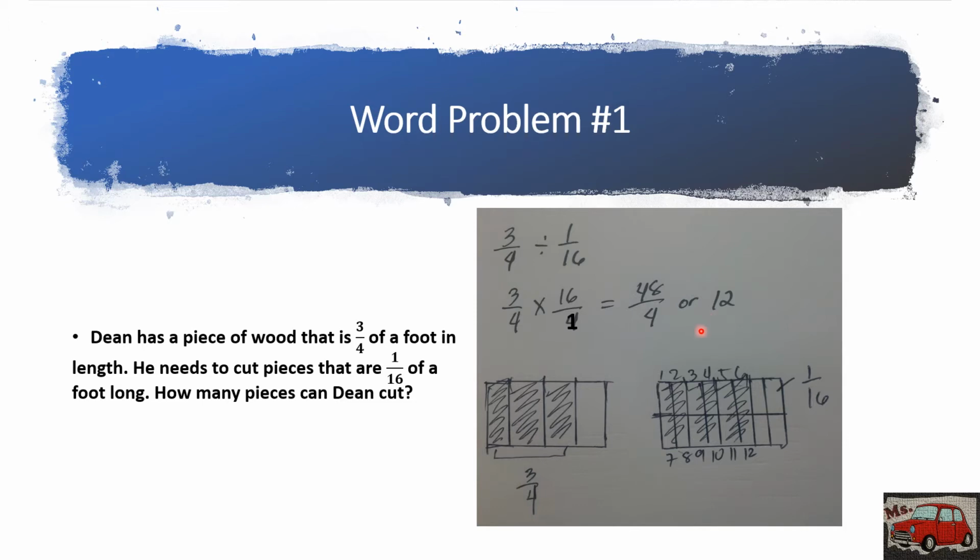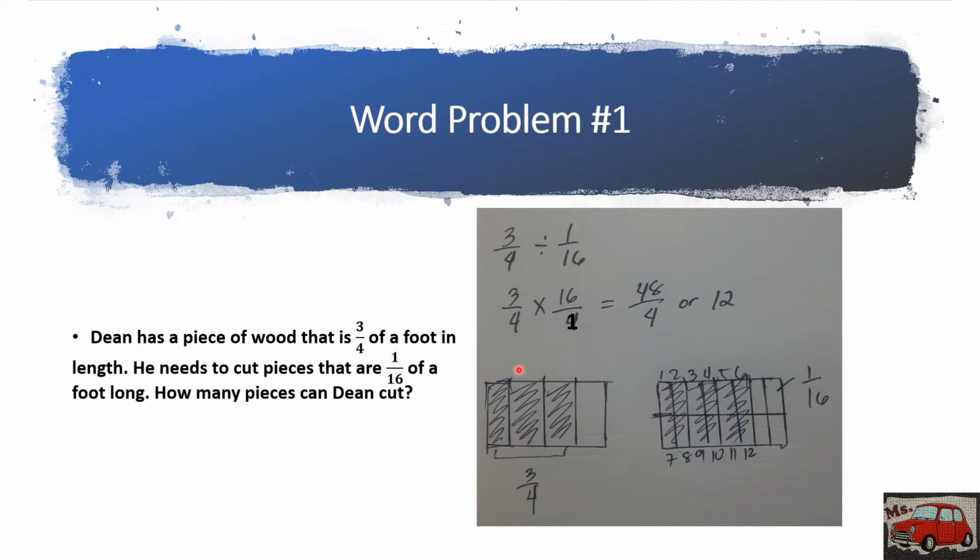Okay? If we will use the illustration, so imagine this is the whole piece of wood. Alright? So, ito yung kinuhanan niya. 3/4. Alright? And then, yung 3/4 na to, kukuha siya or hatiin niya ng tig 1/16 na foot long. Okay? So, dahil 16, ibig sabihin, hatiin niya ng 16 pieces.